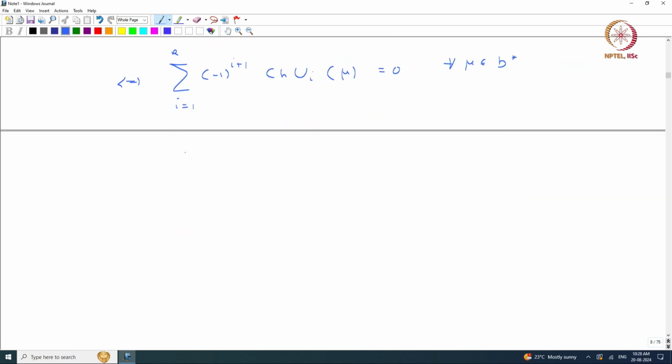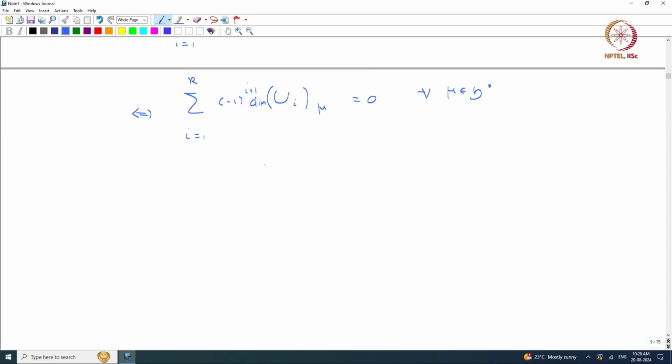This is the same as saying the sum of (-1)^{i+1} u_i(mu) is 0, for all mu in H star. So, if you look at the mu-th weight spaces, the alternating sum of the dimensions of these things should be 0.